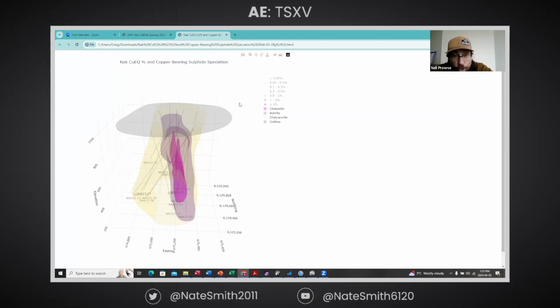We are getting some detrital zircons back, hopefully fairly soon. So some detrital zircons from the sandstone and the conglomerates, and hopefully that will help us give a constraint of our host rock age, and that can be important when interpreting maybe why we're seeing the style of mineralization we're seeing.